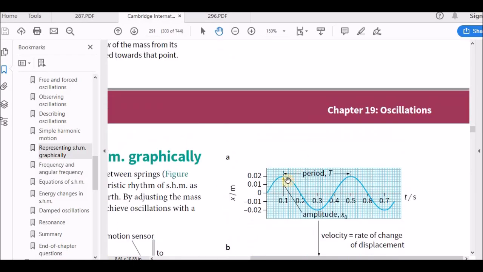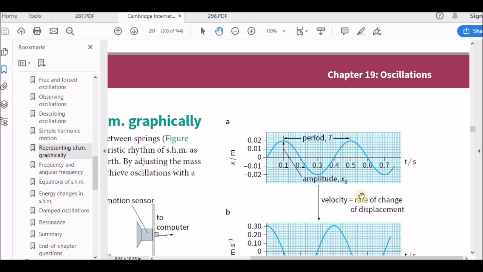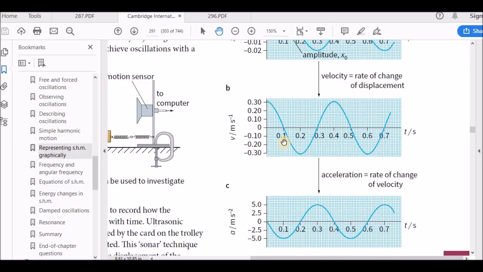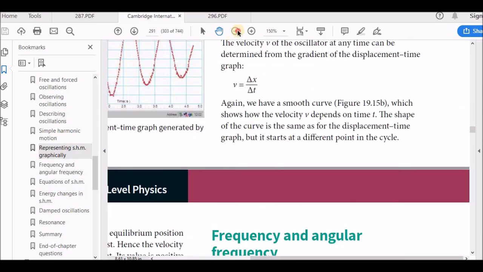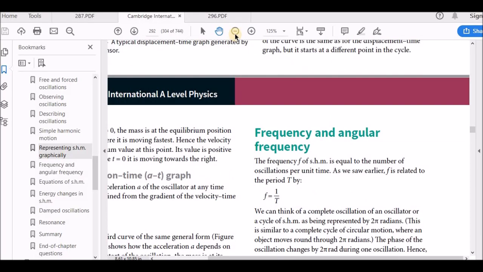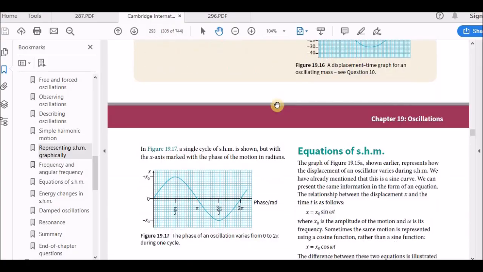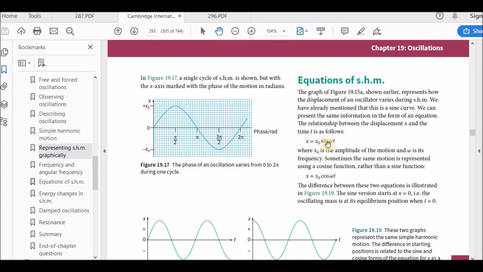So if you start the timing when it is at the equilibrium position, that means t is equal to 0 when the displacement is equal to 0, then the equation of this graph will be x equals x naught sine omega t. Now we will go into the details afterwards.